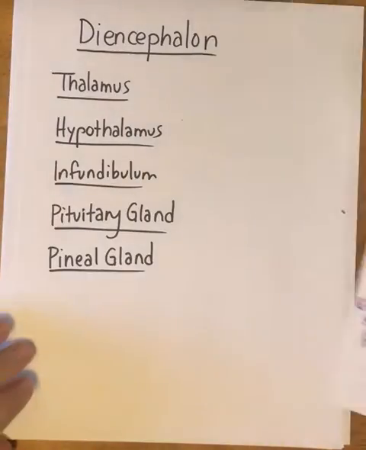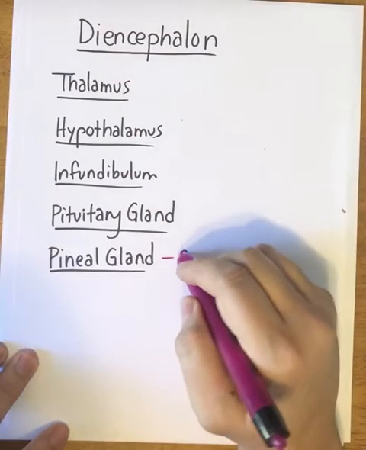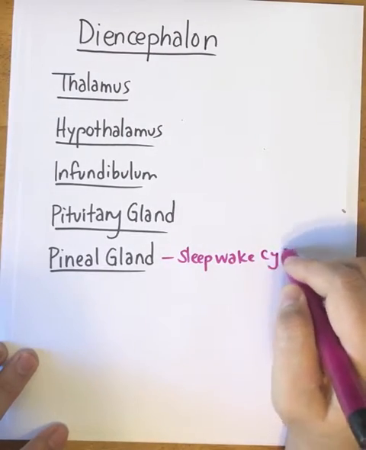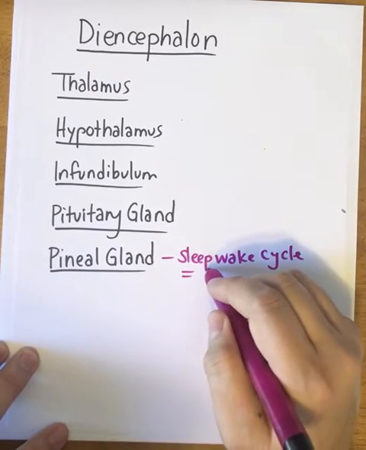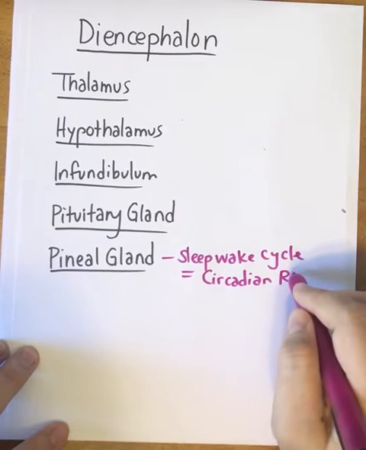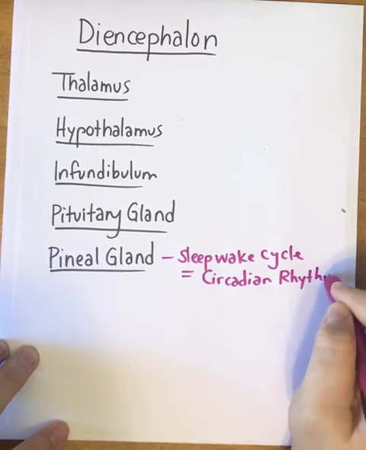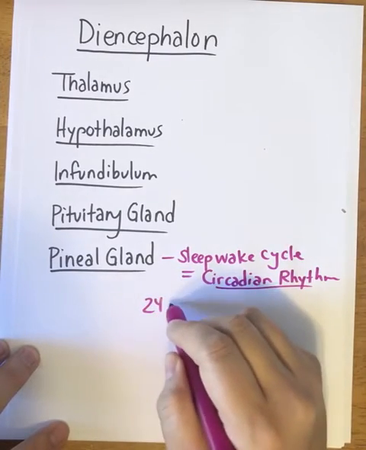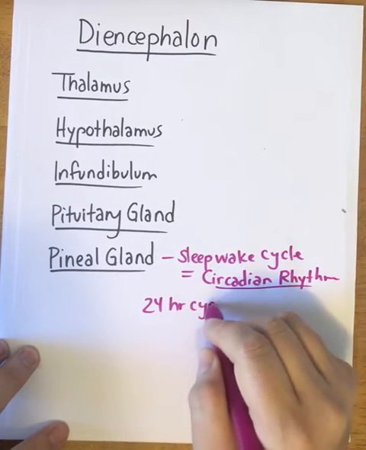So when we talk about the sleep-wake cycle, it's also called our circadian rhythm. Our circadian rhythm is the 24-hour cycle of the day.